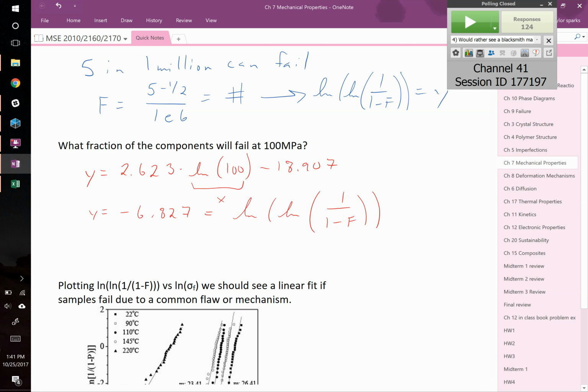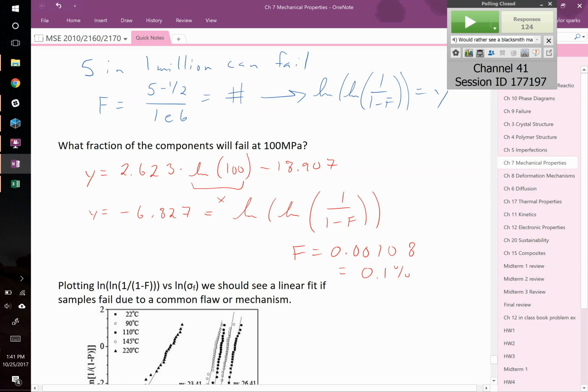And f is equal to 0.001. Or in other words, multiply that by 2 and you've got 0.1% of your samples fail, right?